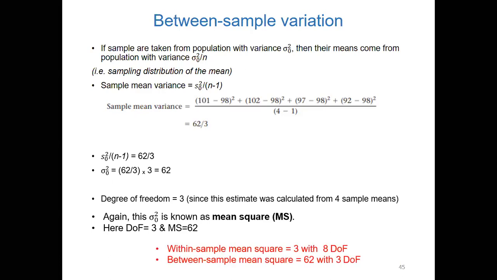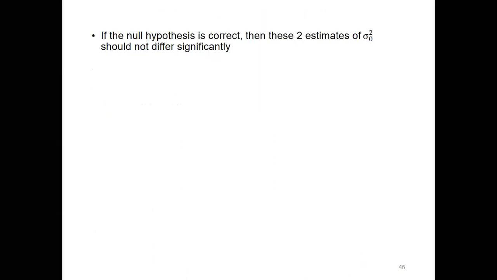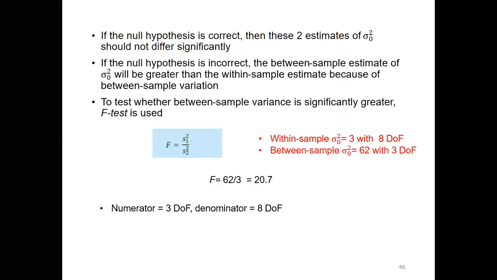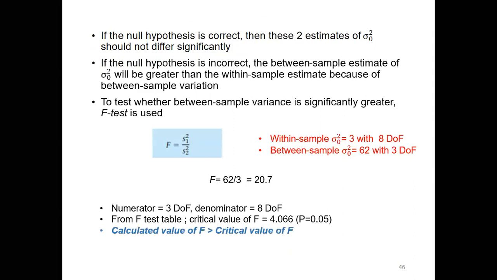From these methods, we calculate the within sample variance and between sample variance, and we find the degrees of freedom. After we find them, we test whether there is a significant difference between these mean values using the F-test.